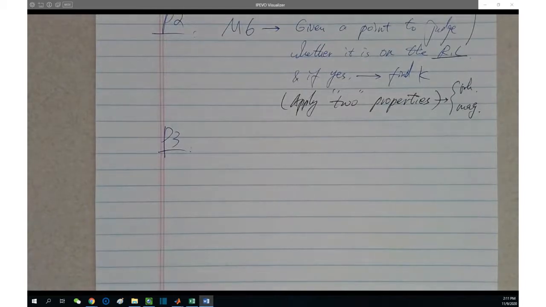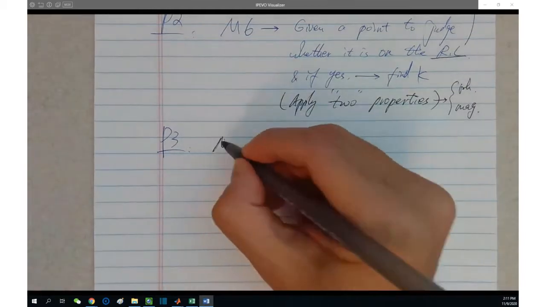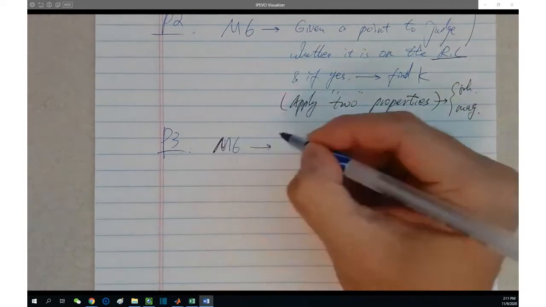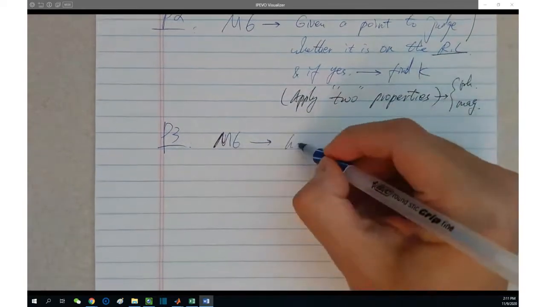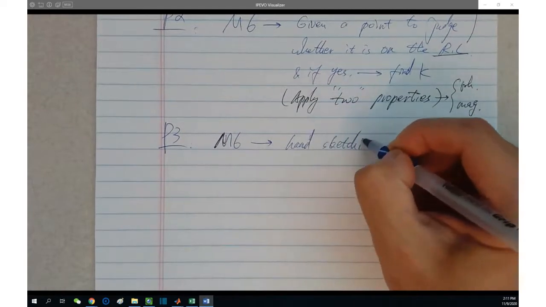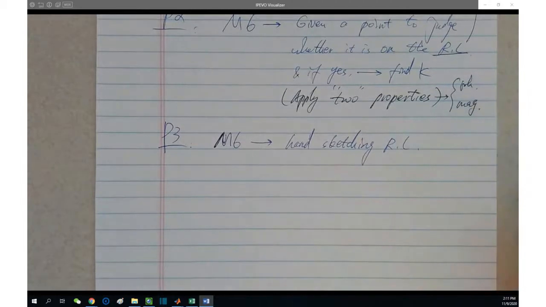And then problem 3. Problem 3 is also out of module 6, hence sketching the root locus.